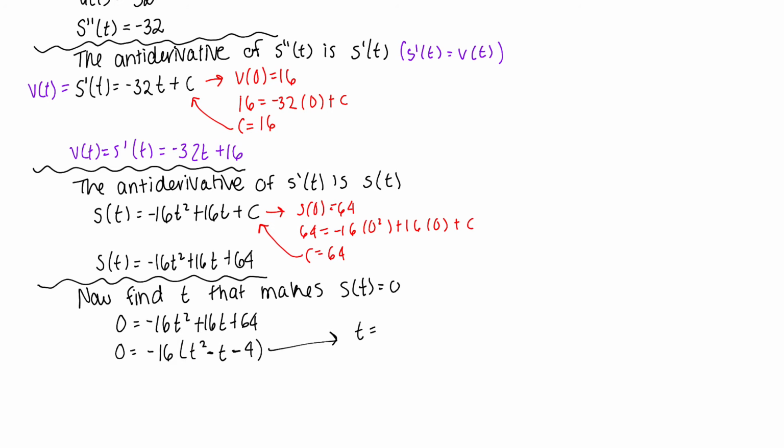So using the quadratic formula, x is equal to negative b, so negative negative 1, positive 1, plus or minus the square root of b squared, negative 1 squared is 1, minus 4ac, all over 2a.